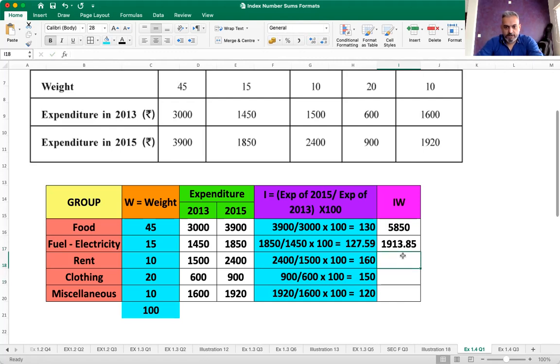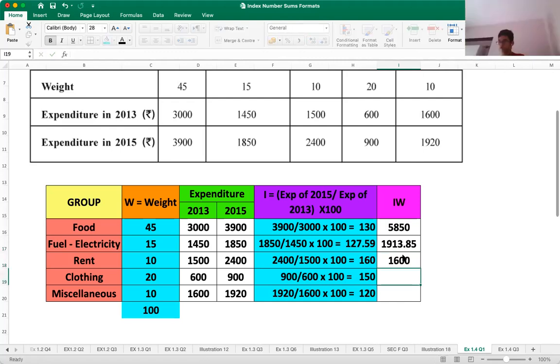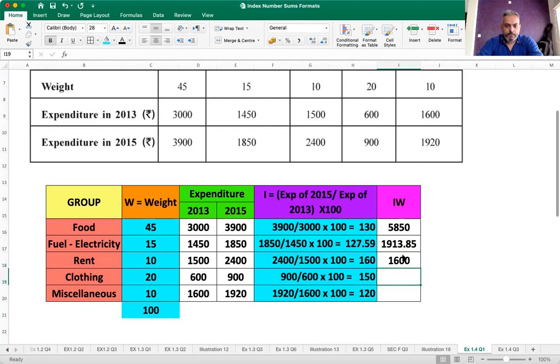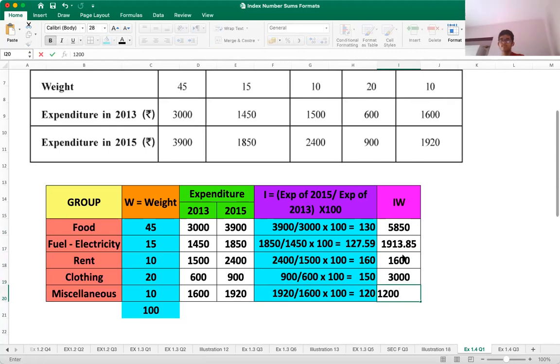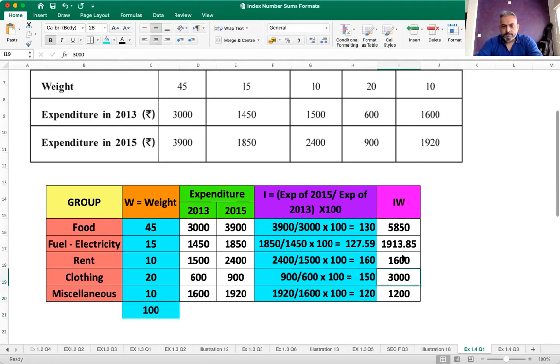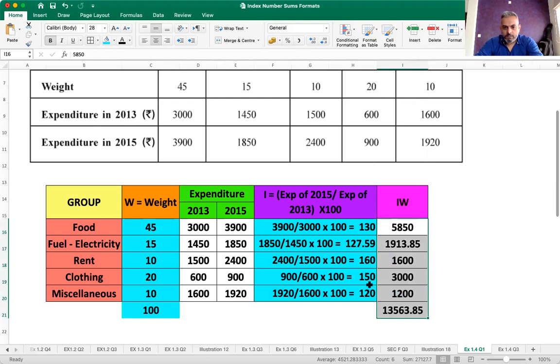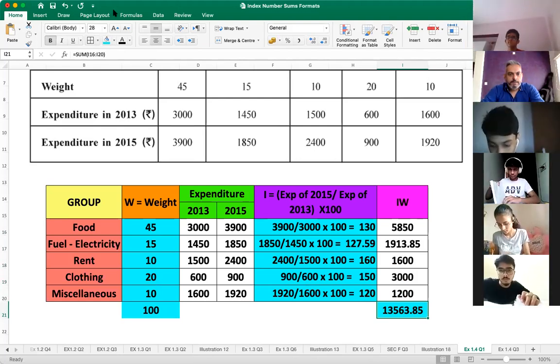Then 160 into 10, so 1600. And 150 into 20, 3,000. And 120 into 10, 1,200. Let's do the totals. So the total comes to 13,563.85.